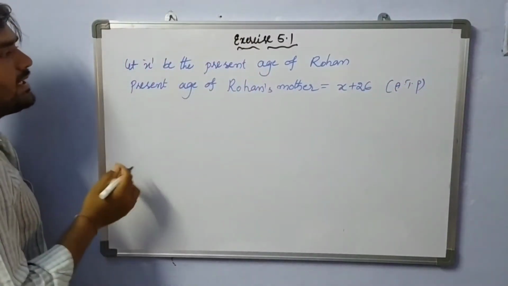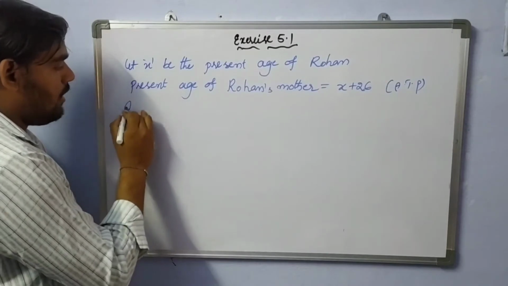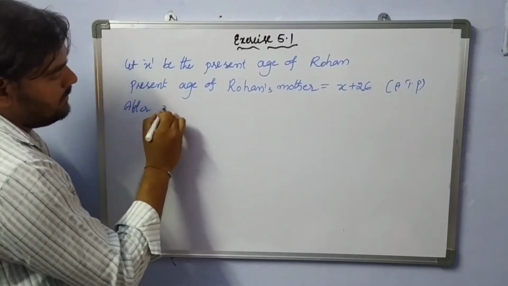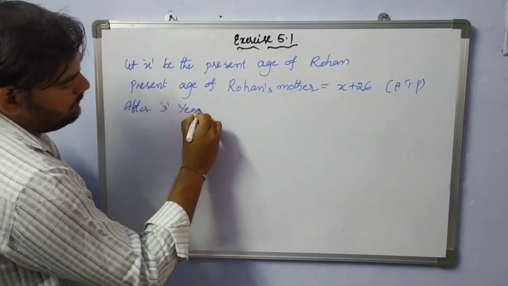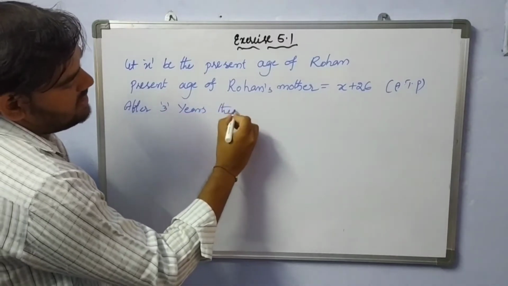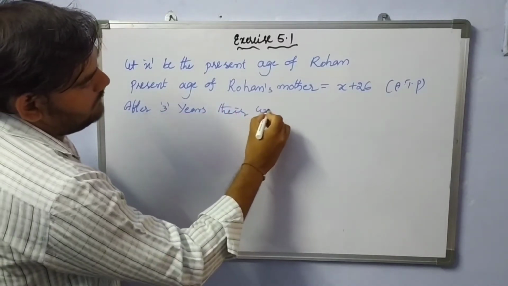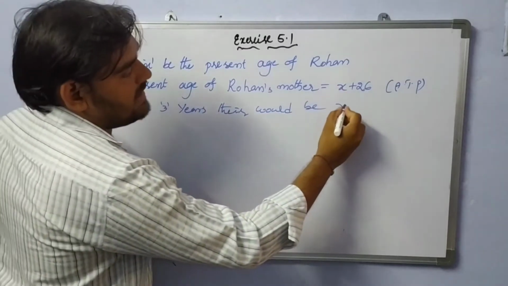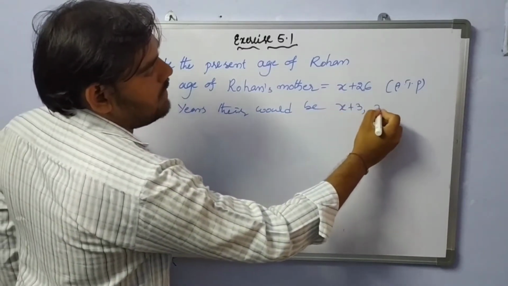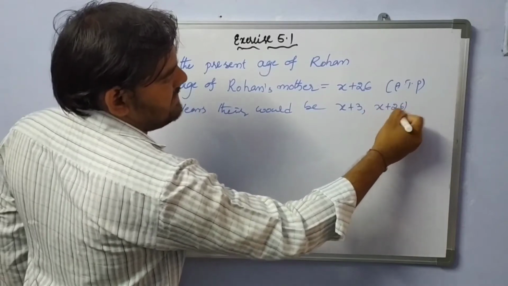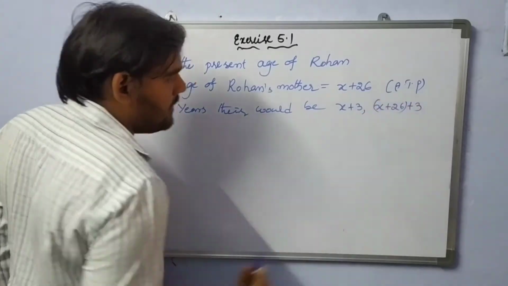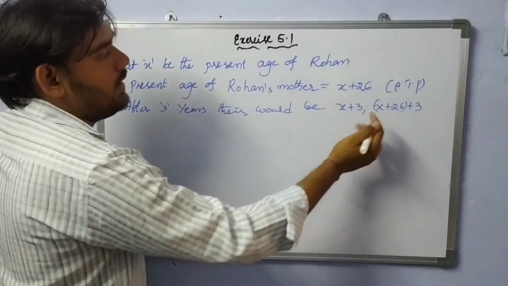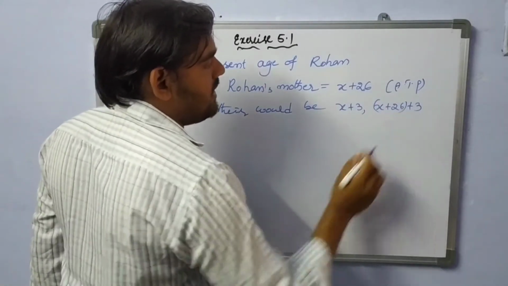Now after 3 years their ages would be x plus 3, and x plus 26 plus 3. So here we can write x plus 29.